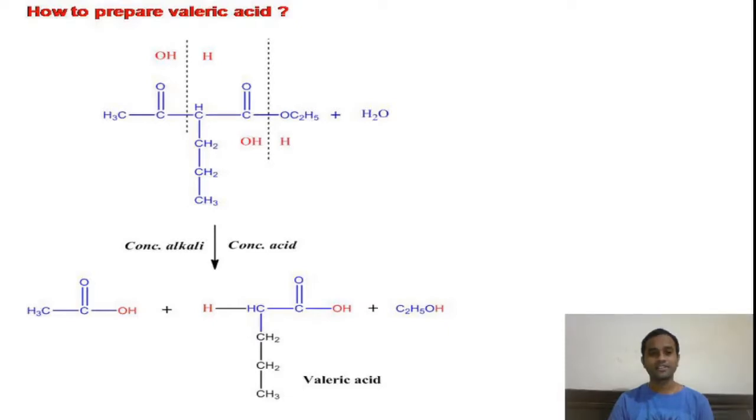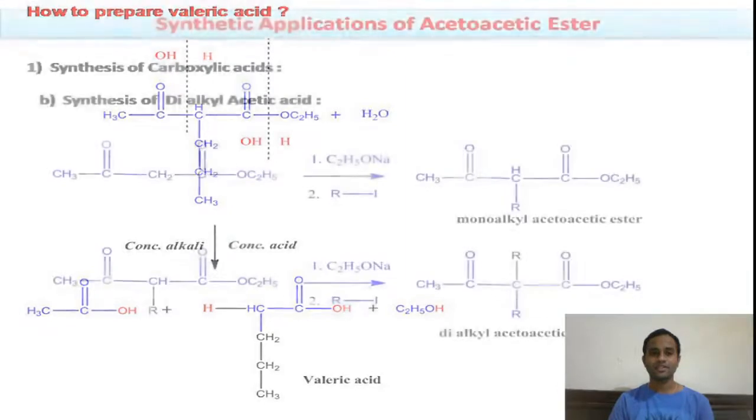That is acid hydrolysis. Always in acid hydrolysis, both the keto as well as ester group will undergo cleavage, and we will get carboxylic acid as the main product. The side products are acetic acid as well as ethanol, right? In this way, by taking propyl as the alkyl group, we will get the valeric acid. This is how we will prepare the valeric acid from the acetoacetic ester.